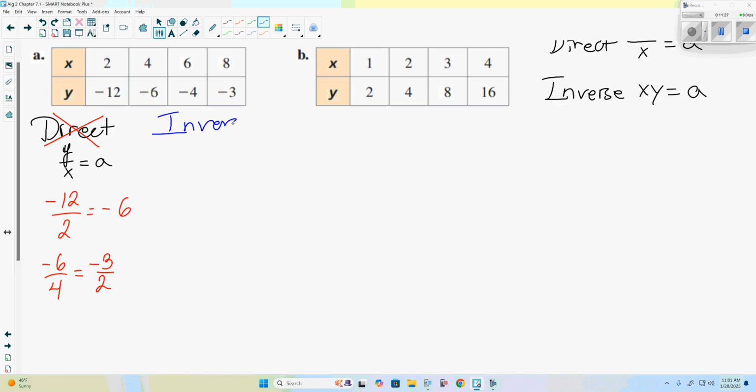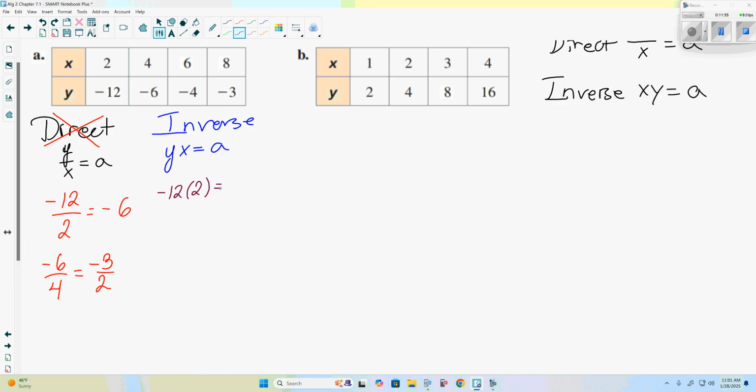Inverse variation. Y times x equals a. So we'll do the same thing. Here, y for the first one is negative 12. X is 2. X times y, y times x, either one works. Since we're multiplying, the order doesn't matter.